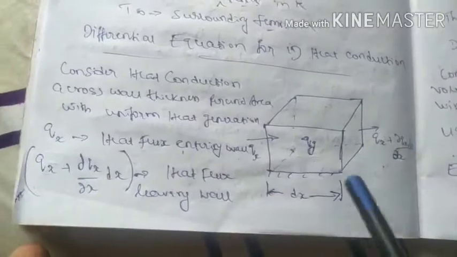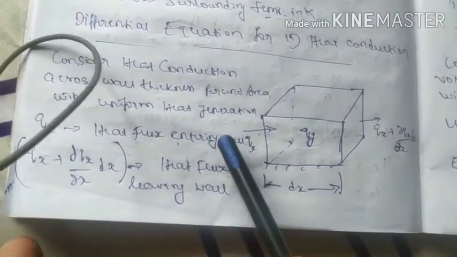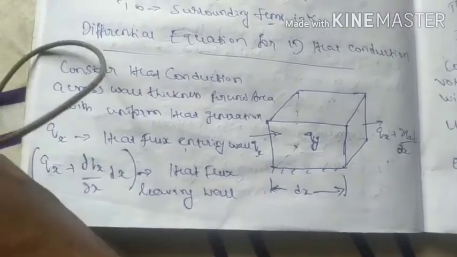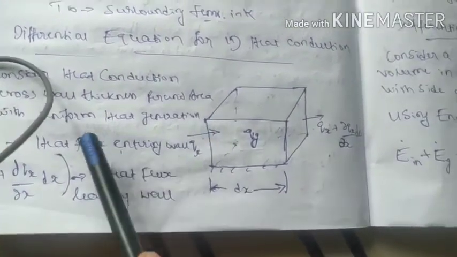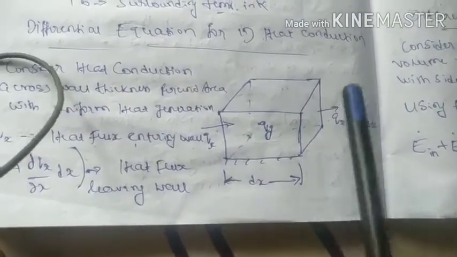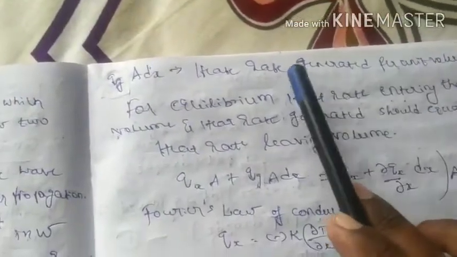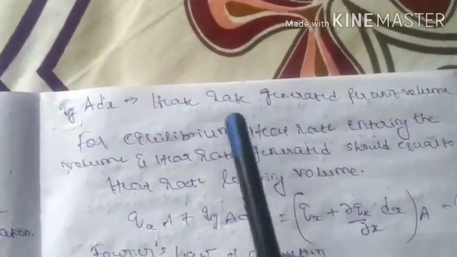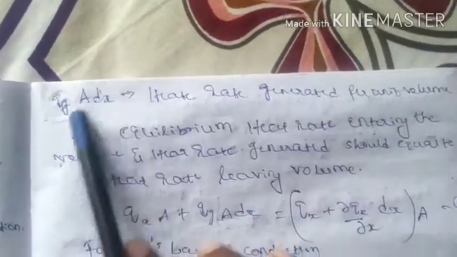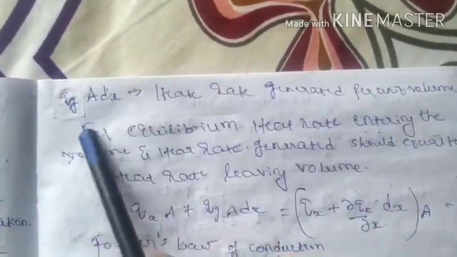Here they consider a cross section, a heat conduction across the wall thickness per unit area with a uniform heat generation. That means everywhere the heat generation is uniform. Therefore qg into A dx is how much heat is going to be generated in the volume.